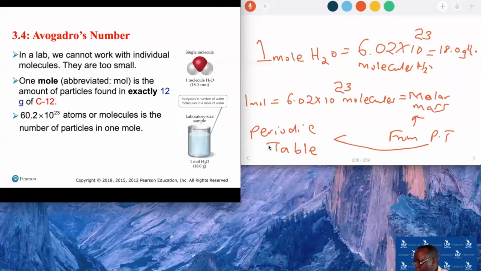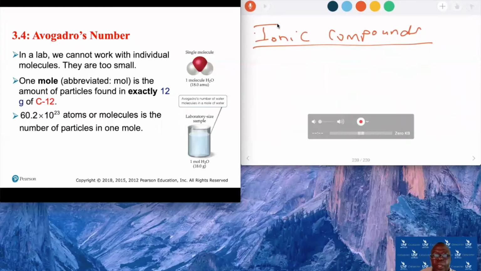Now, I was talking about the terms you may come across in the problems, and this has to do with ionic compounds.